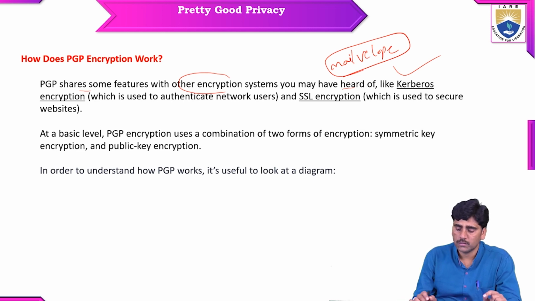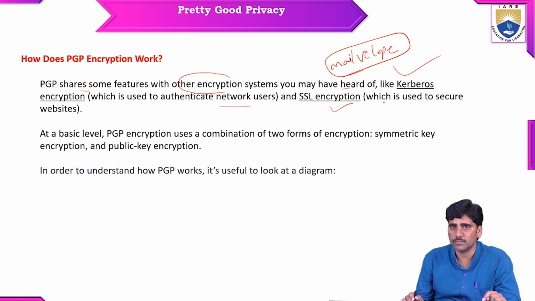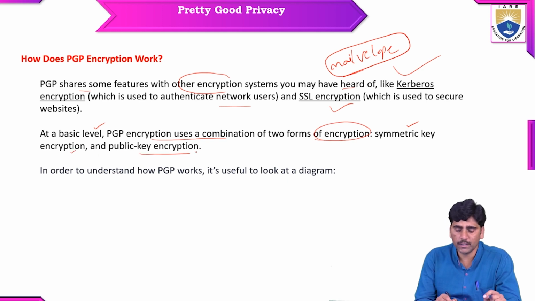Here, Kerberos encryption is used to authenticate network users, and the SSL encryption process is used to secure websites. At a basic level, PGP encryption uses a combination of two forms of encryption: symmetric key encryption and public key encryption.